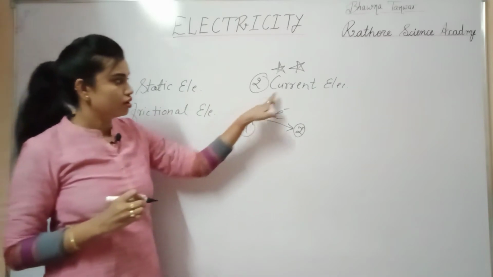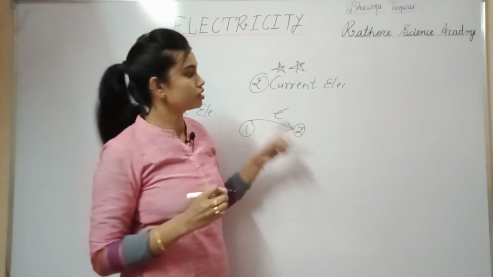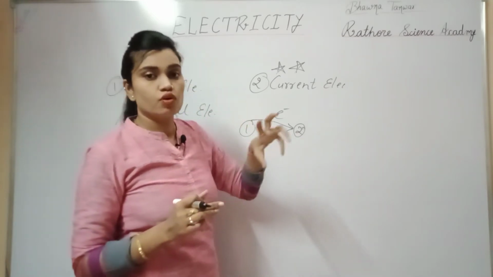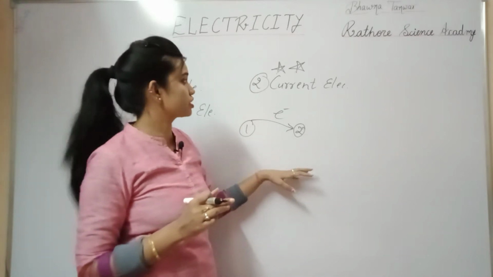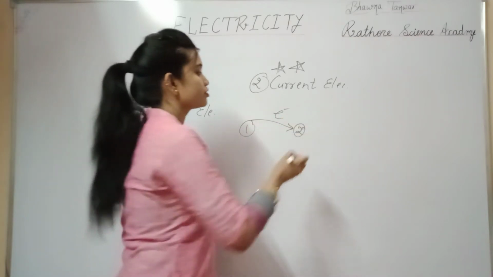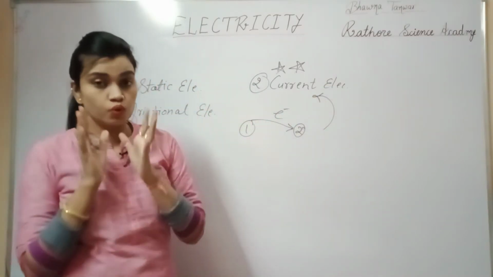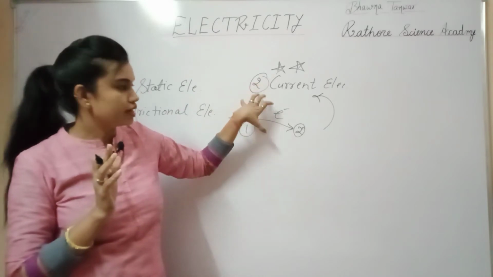Due to the steady flow of electrons from one point to another point of the circuit, current electricity develops. Now the whole chapter, as I said, is based on current electricity.